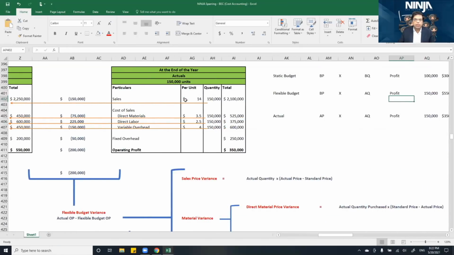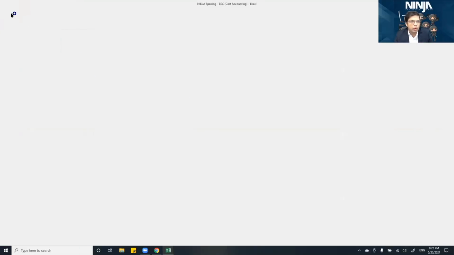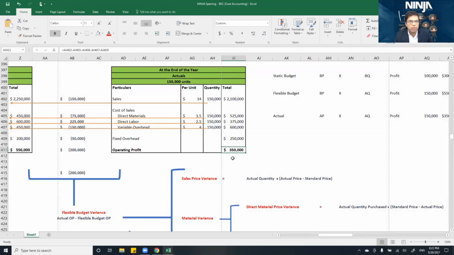We reduced the price, but we sold 150,000 units such that my total revenue was 2.1 million. My cost of sales was 3.5 per unit for direct materials, 2.5 for direct labor, and 4 for direct variable overhead, which gave me these numbers. And my fixed overhead was 250,000.